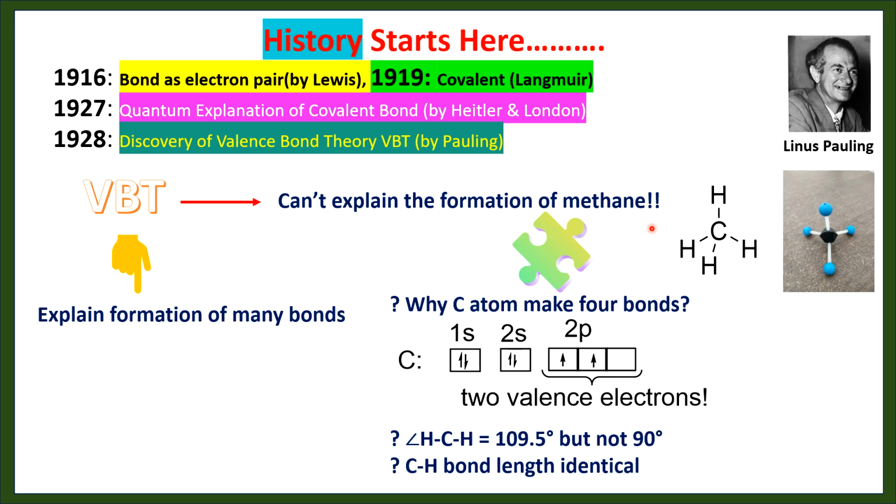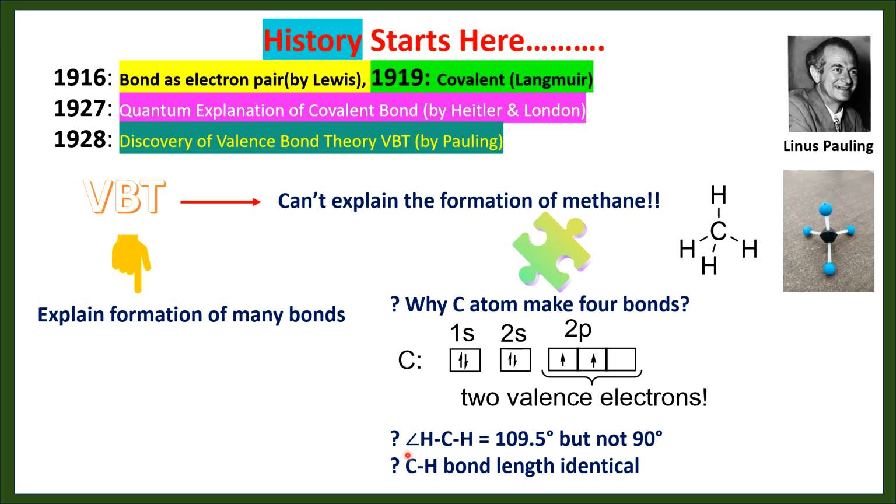That is strange. What is it that it cannot explain? It cannot explain why this carbon atom makes 4 bonds in methane, because we could see that in the carbon ground state electronic configuration the p orbital has only 2 unpaired valence electrons. So 2 bond formation is possible, but why 4?